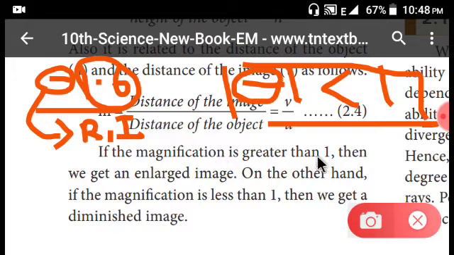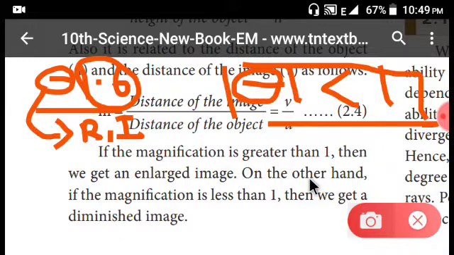If the magnification is greater than 1, here it is greater than 1, right? 1.6 is always greater than 1, then we get an enlarged image. Well, we know already, right? When an object is kept in between the center of curvature and focus of a convex lens, it forms a real image which is bigger than the object, behind the center of curvature on the opposite side.